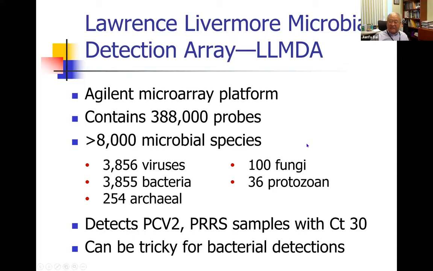However, the detection limit for PCR is like CT35, 36. CT30 is not really sensitive, so that's a major limitation of this method. So it's really comprehensive, but the detection limit is a little low.